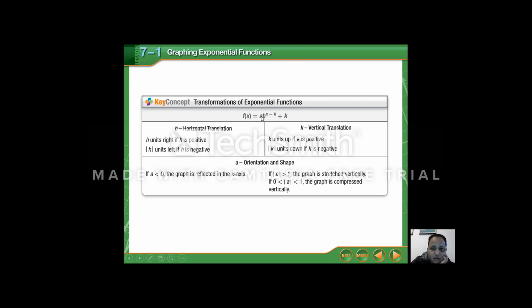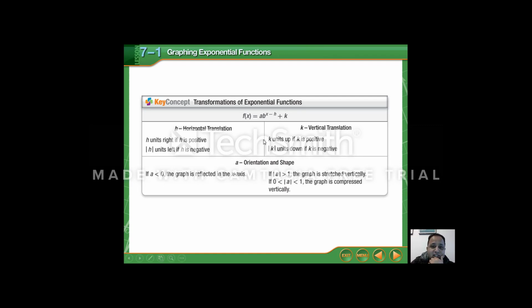This a talks about the orientation and shape. Orientation means whether it's reflected in the x-axis or reflected in the y-axis, above the x-axis or below the x-axis. If the modulus value of a is more than 1, the graph is vertically stretched, and if a lies between 0 and 1, the graph is vertically compressed.